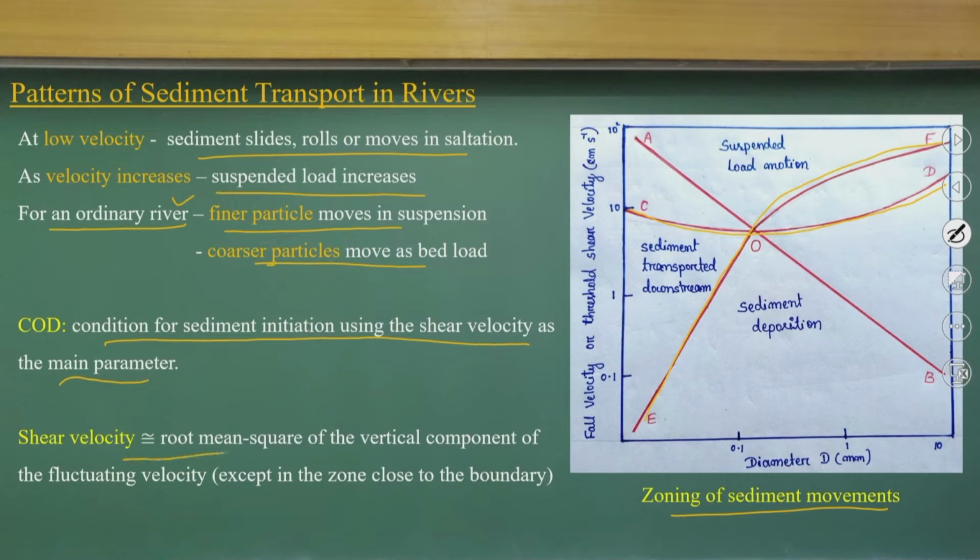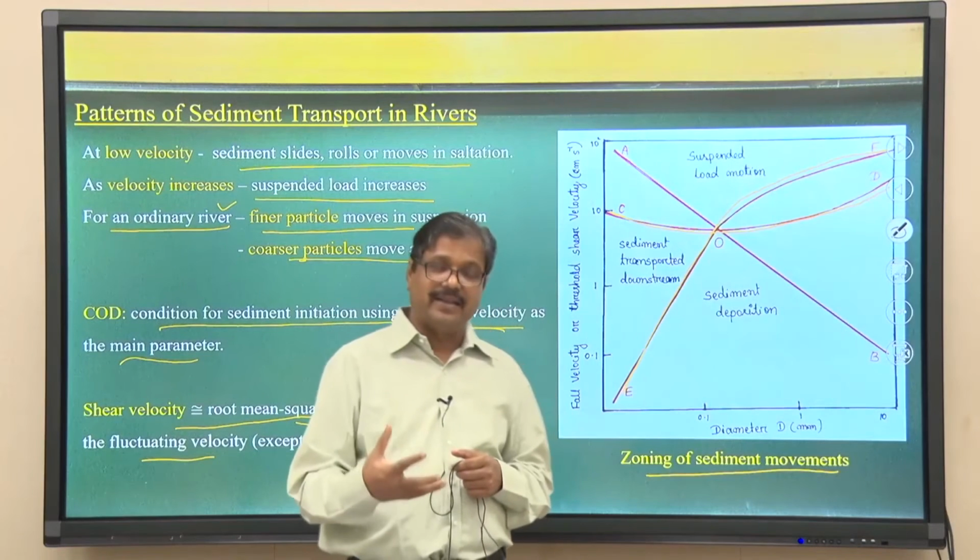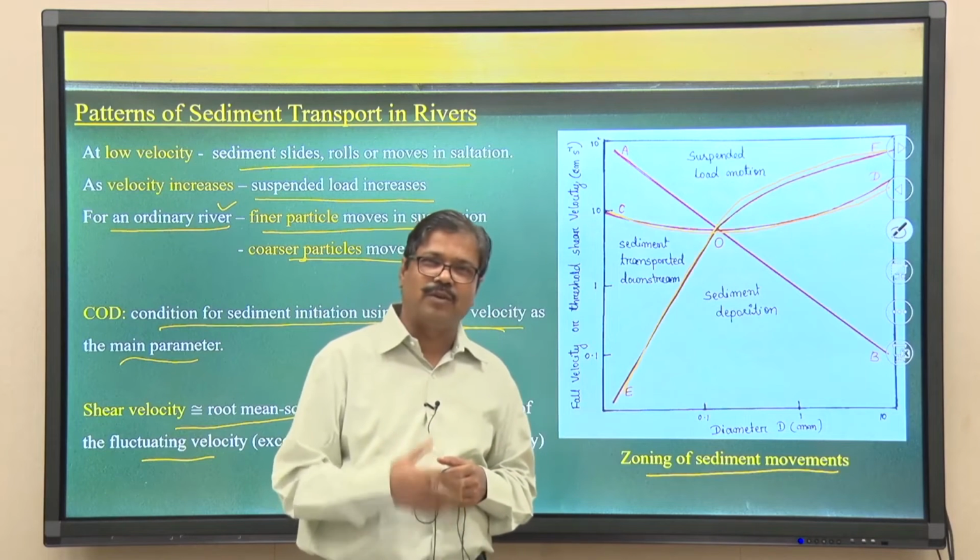The shear velocity is nothing else but the root mean square of the vertical component of the fluctuating velocity, that means the square root of the mean of v dash squared. It could be the time average component. So, this is what the shear velocity indicates.